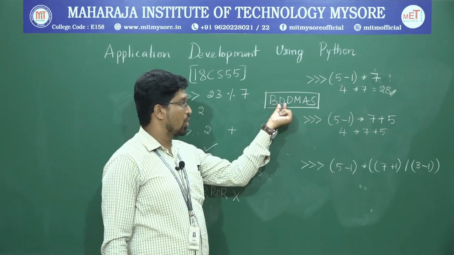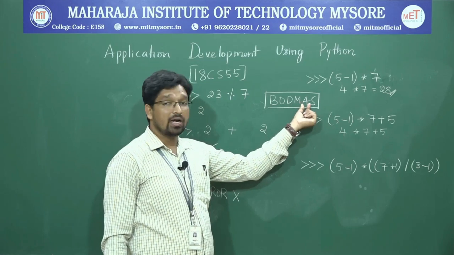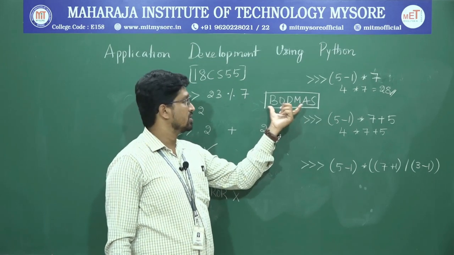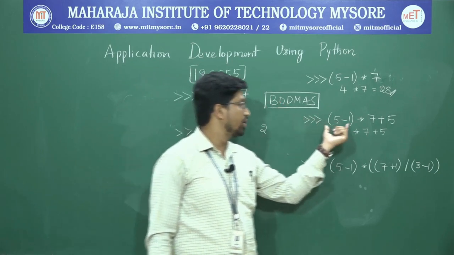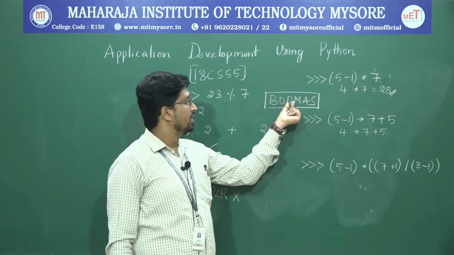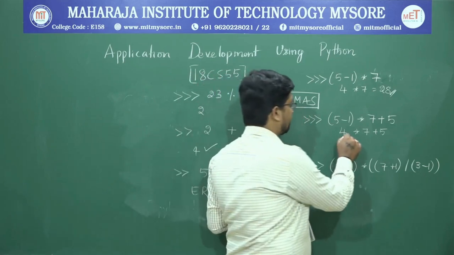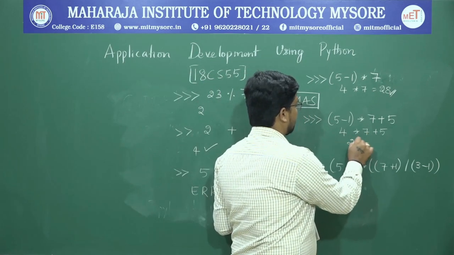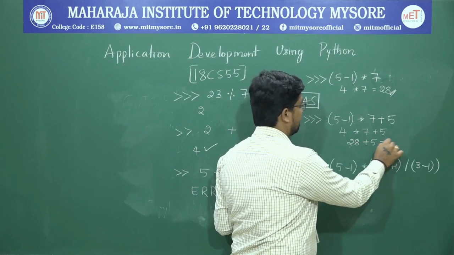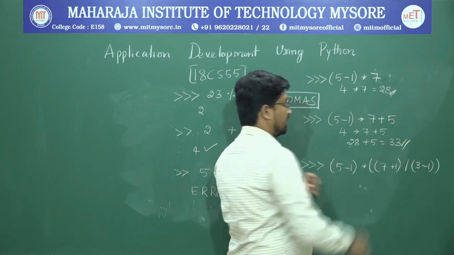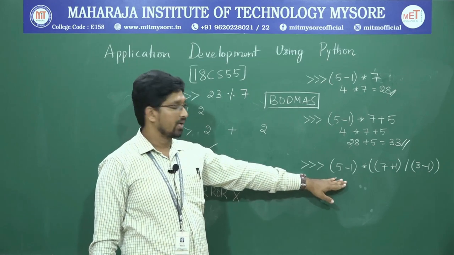B stands for brackets of, meaning remove the bracket, next division, multiplication, addition and subtraction. This is a very simple notation by which I can remember things. So first we need to evaluate the brackets, then division, I don't have any division, then I should perform the multiplication operation, that is 4 into 7, 28. Plus 5, finally I have 28 plus 5 which is 33, the correct answer.